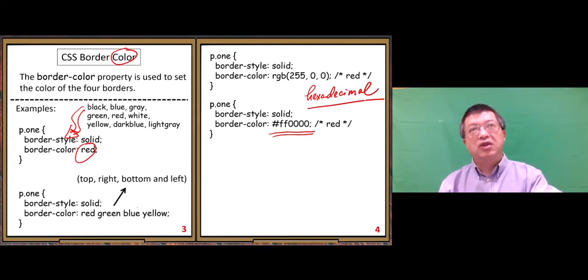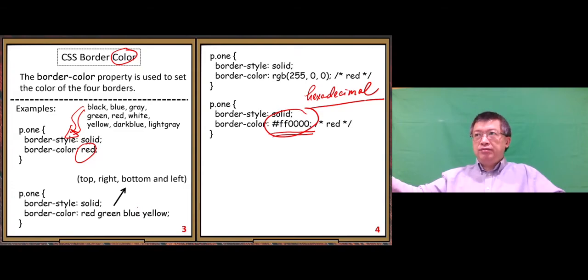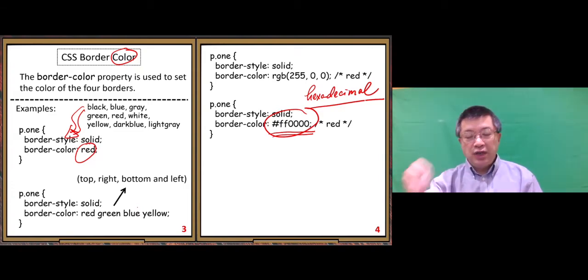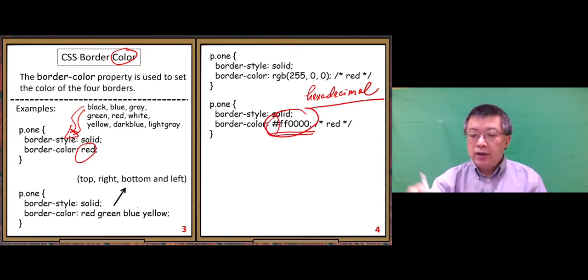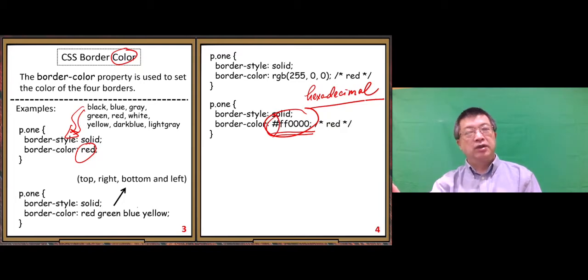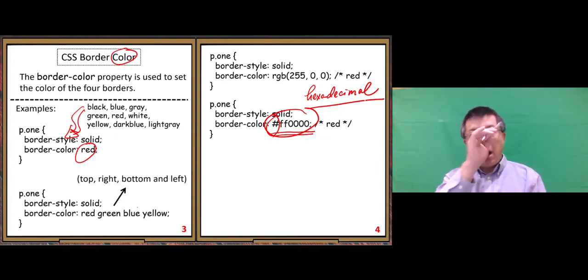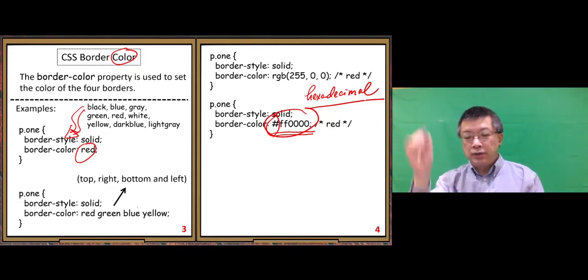For CSS, most of the time people like to use this way because it is compact. Here you can see we start with the hash sign. We need to tell the browser this is a color expression, so we start with the hash sign. After that, the RGB components.